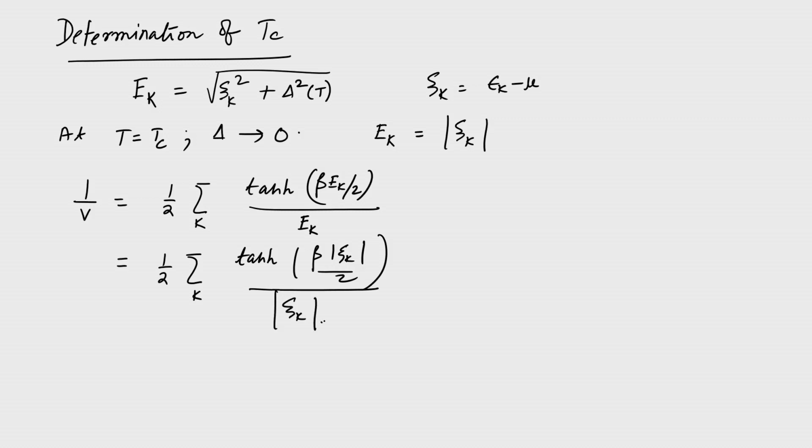Now we have to compute this, and in order to compute this we can convert the sum into an integral. As you may be exposed to from statistical mechanics or from your earlier solid state physics course, in order to convert this into an integral, we need a density of states.